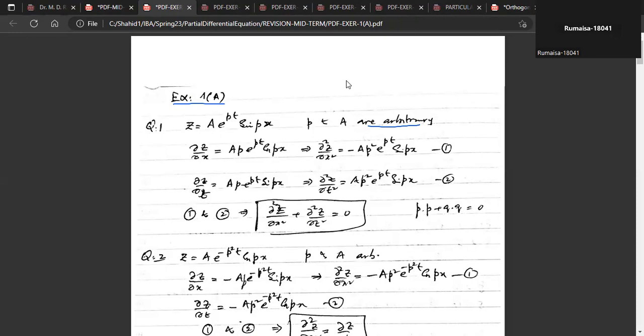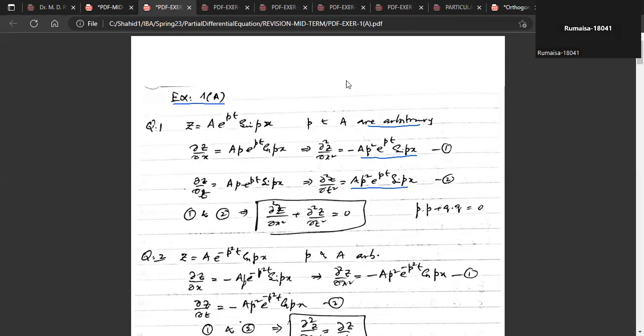And if you work out the first and second derivative with respect to T, now T is present in the exponential part of the function. So the first derivative brings one P down, the second derivative brings another P down. So both the derivatives with respect to X and T of order 2 are of the same shape except for the sign.